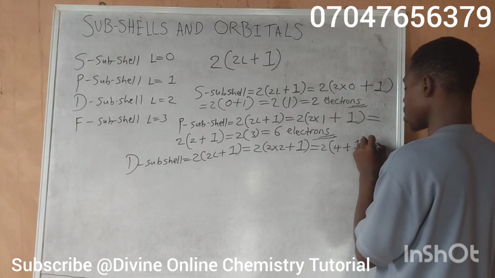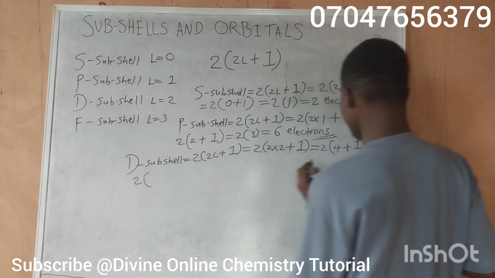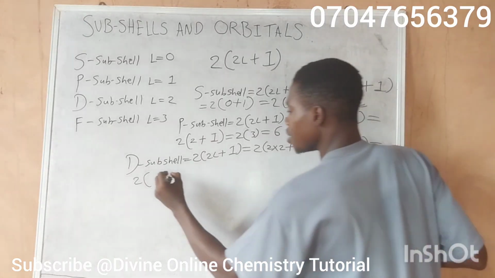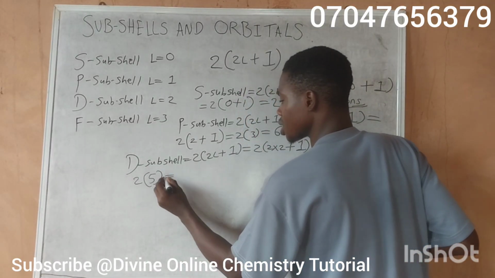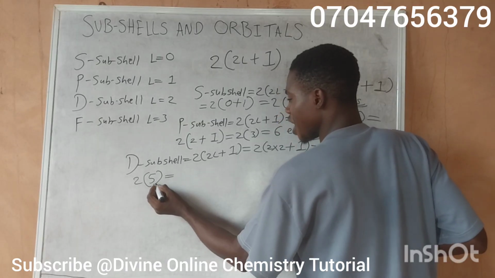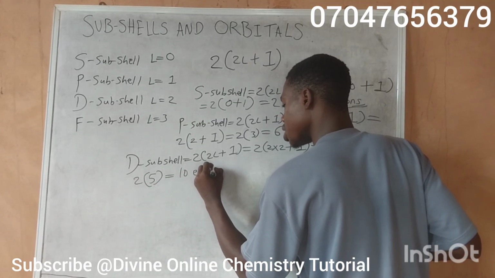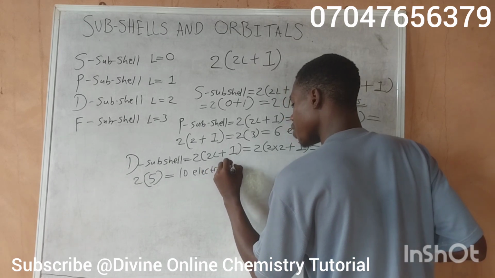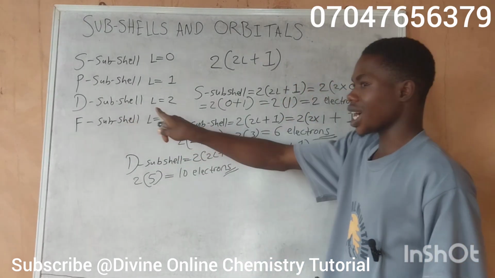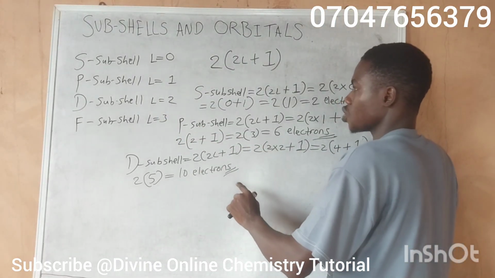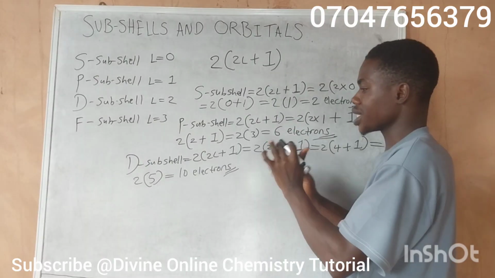Take note of that. Close the bracket, equal to 2 into bracket 4 plus 1, which is 5. Close the bracket, equal to, now bracket means times. So 2 outside times 5 inside the bracket is 10 electrons. So the maximum number of electrons that the D subshell can carry is 10 electrons, as proposed by the formula 2 into bracket 2L plus 1. Please take note of this.